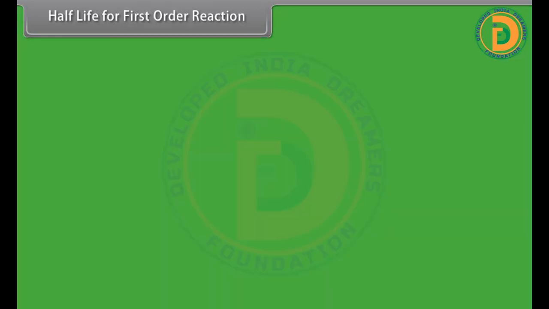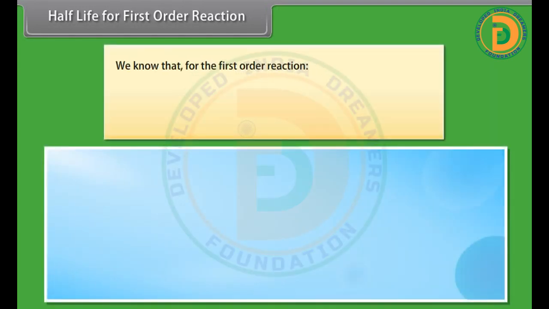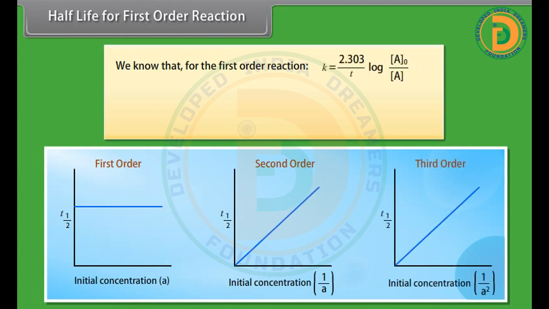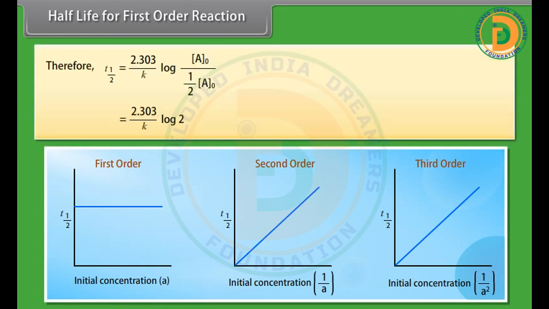Half-life for first-order reaction. We know that for the first-order reaction, K is equal to 2.303 upon t multiplied by log A naught upon A. t can be calculated from this equation as t is equal to 2.303 upon K multiplied by log A naught upon A. At t half, A is equal to A naught divided by 2. t half is equal to 2.303 divided by K multiplied by log 2.